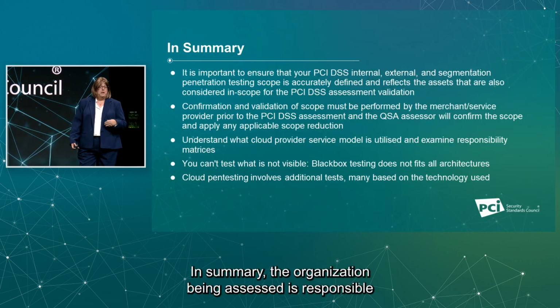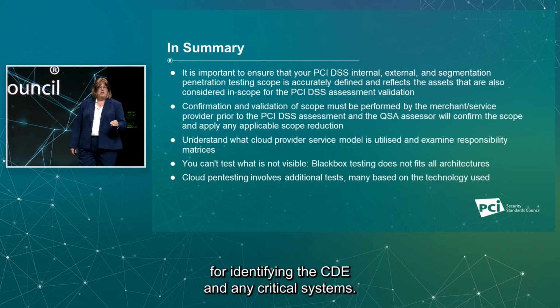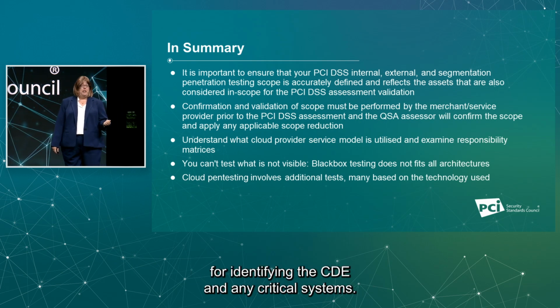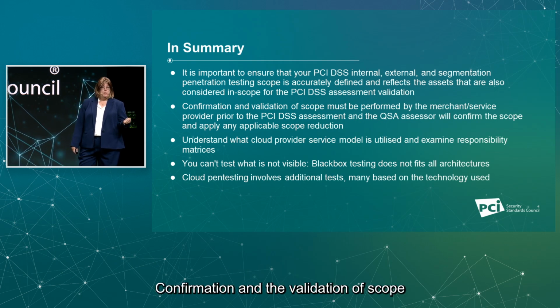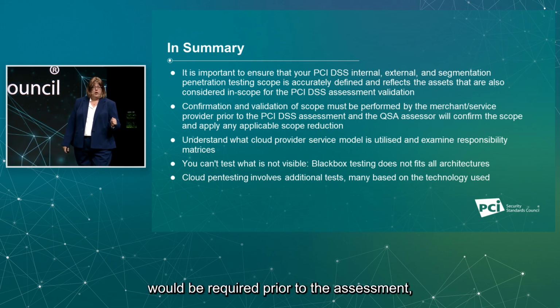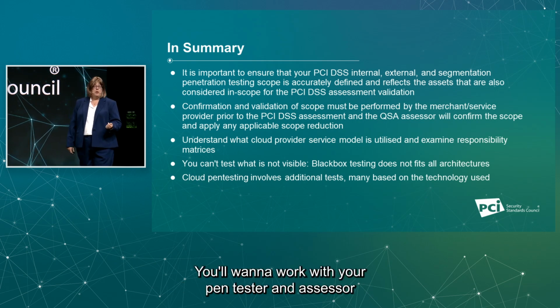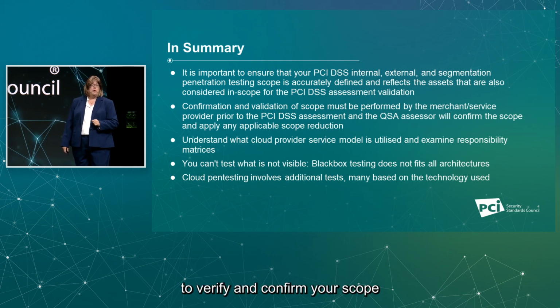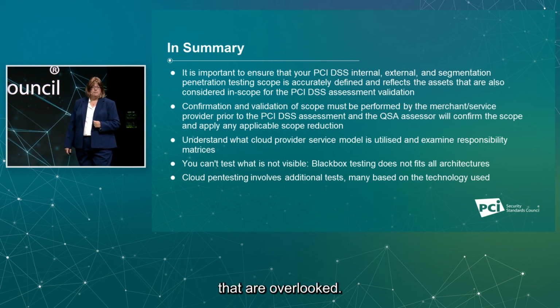In summary, the organization being assessed is responsible for identifying the CDE and any critical systems. Confirmation and validation of scope would be required prior to the assessment, which is a new requirement. You'll want to work with your pen tester and assessor to verify and confirm your scope and to ensure that there are no system components that are overlooked.